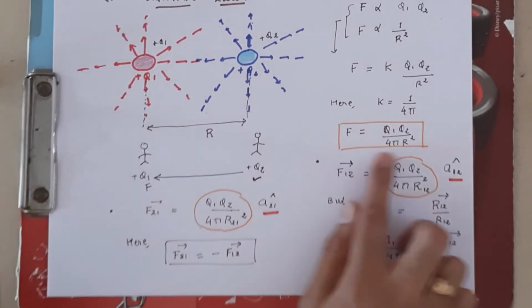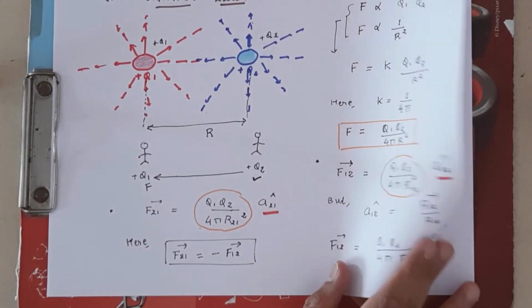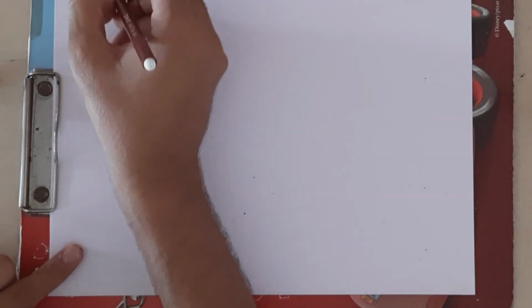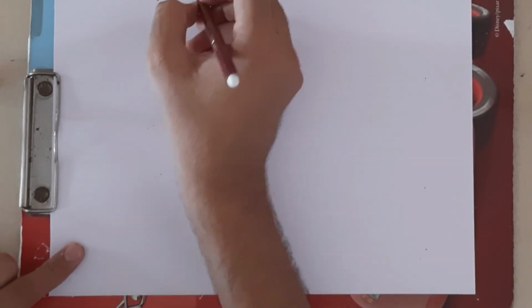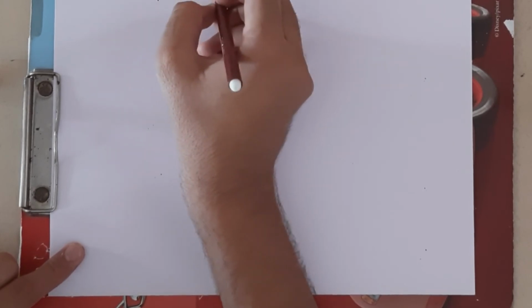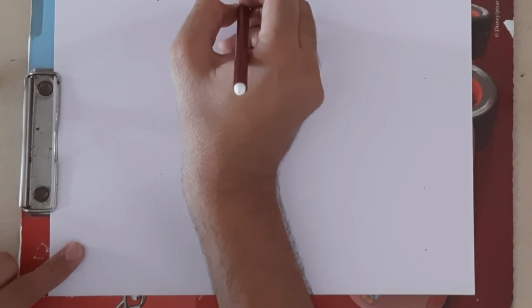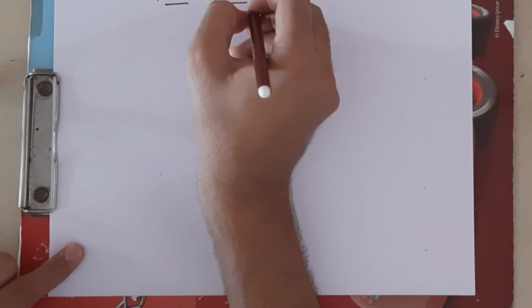So now, based on the force equation, we will get the concept regarding field intensity. My next definition is field intensity. Which field? Electric field. To understand the field intensity concept, what do I have to consider?